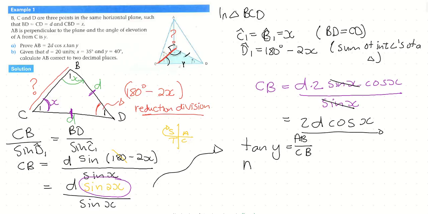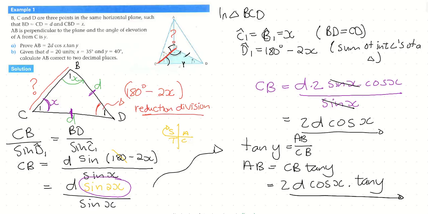This rearranges to AB is equal to CB times tan y. And I can change CB into that: 2D cos x times tan y. Now have I answered my question? 2D cos x tan y. Yes, that was quite easy to answer.